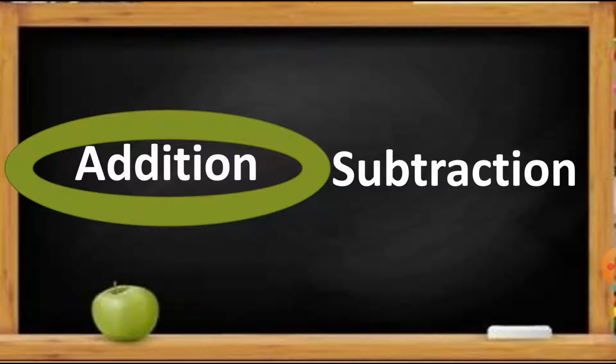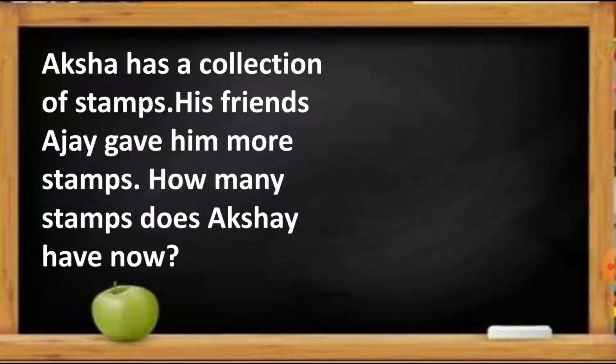Let's see. Here is one more example for you, students. Akshay has a collection of stamps. His friend Ajay gave him more stamps. How many stamps does Akshay have now? Akshay has some stamps and his friend Ajay gave him some more stamps.